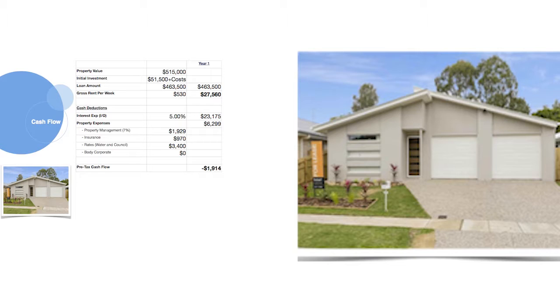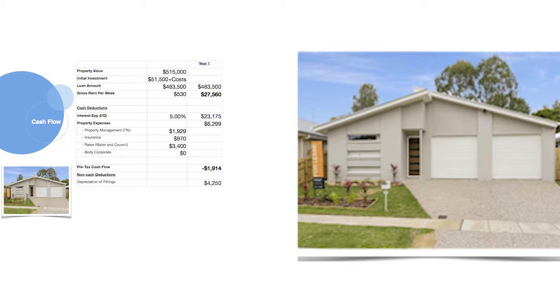utilizing something called depreciation. Now, with depreciation, you're able to depreciate both the fittings and the building itself. So depreciation of the fittings and the build, you can see here I'm able to claim $4,250 of fittings, $6,250 of the build depreciating per year.